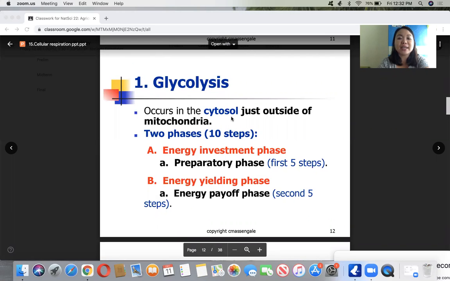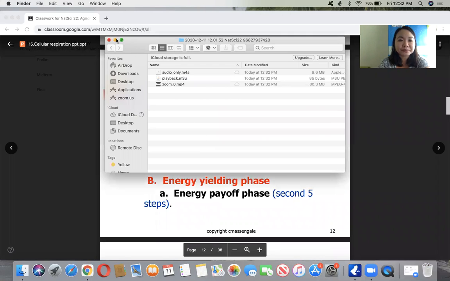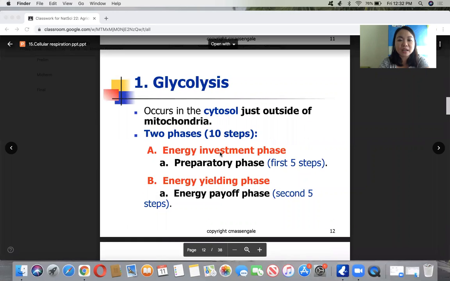glycolysis, which occurs in the cytosol just outside the mitochondria. There are two phases, which include 10 steps. We have the energy investment phase, and it's during the first 5 steps wherein the preparatory phase occurs.